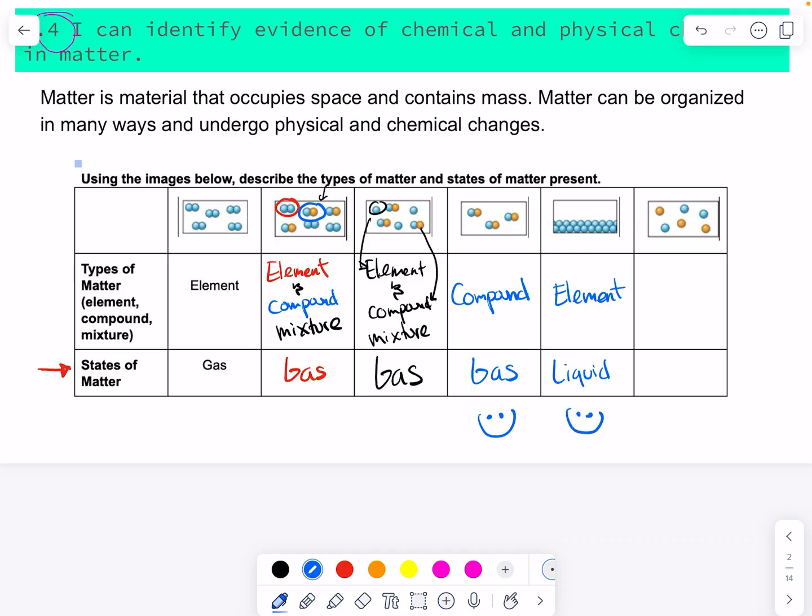Have another smiley face if you got those right. And this last one here we would call an element mixture, or maybe a mixture of elements, and they are in a gas state. Okay? If you got any of those wrong, don't understand why, ask your neighbor, ask a table next to you, make a note and bring it up next time to me, okay?